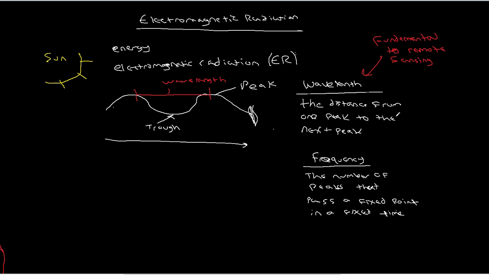But this distance is really, really, really short, so we can't measure it in meters. We can't even measure it in millimeters or centimeters. It's something way shorter than that. So what we end up measuring wavelength in typically is the nanometer. You'll often see it abbreviated NM for nanometer.